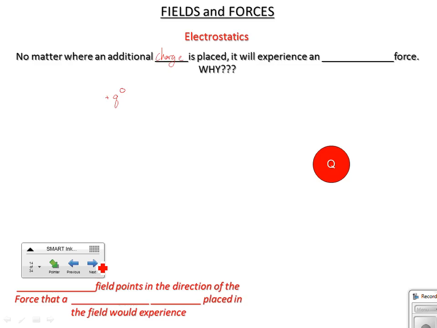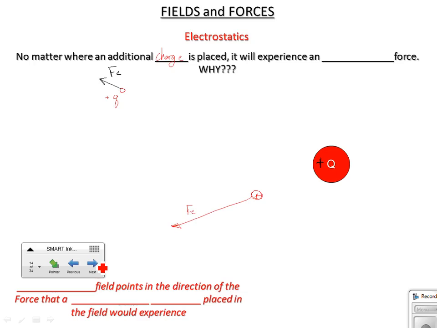Let's call this a positive, and this a positive also. This one would feel a force like that, Fe. We put a positive charge in here, and that's going to feel a much bigger force, Fe, like that.